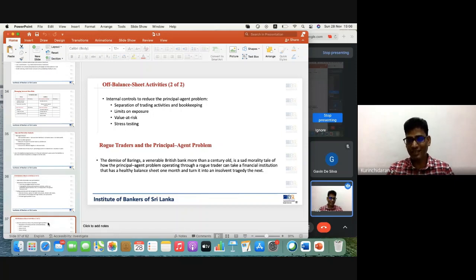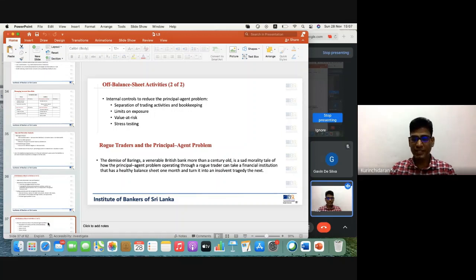It's a combination of functions. So one person did the trade and then did the bookkeeping as well. So he has hidden his exposures through his bookkeeping because there's no separation of duties. So he could hide those.